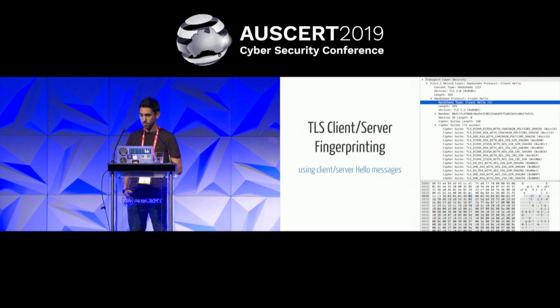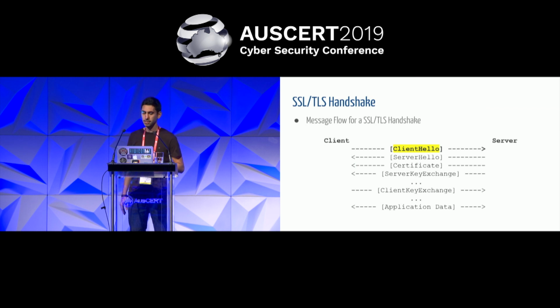But we have a bit more detail here about TLS. For TLS, the interesting packet and message for us is the client hello. You can see here is a sample. It's actually a simplified version of the message flow for the TLS handshake. And the first packet you see here is the client hello, which is important for us.